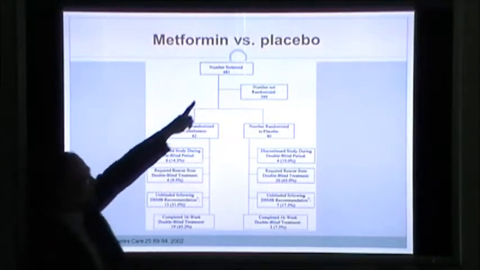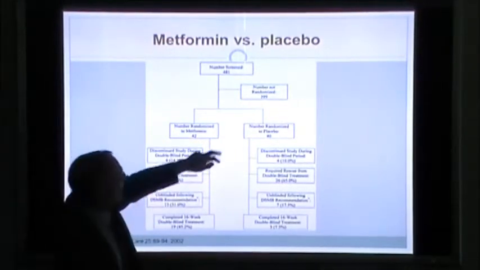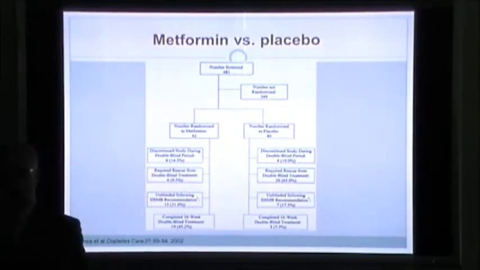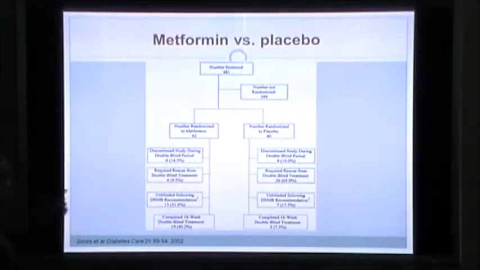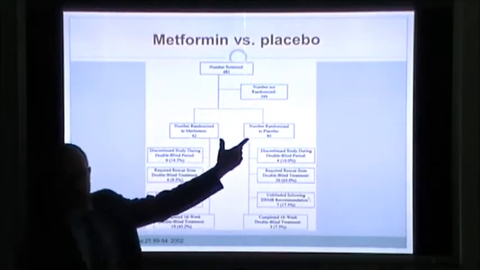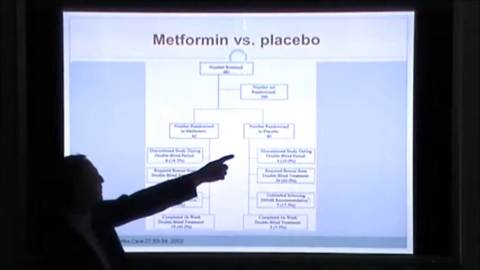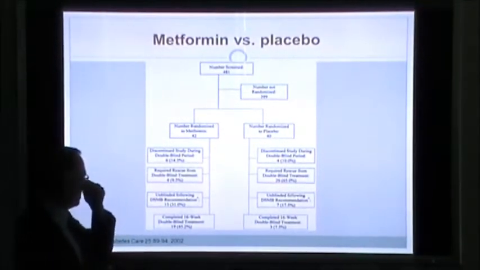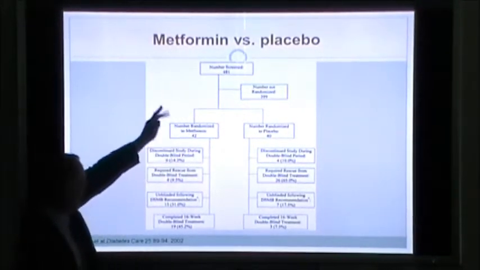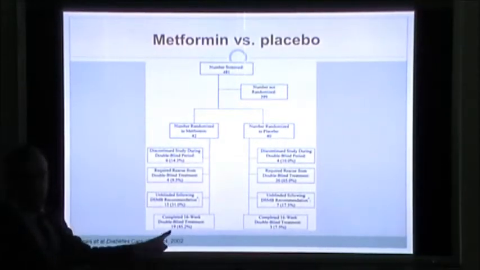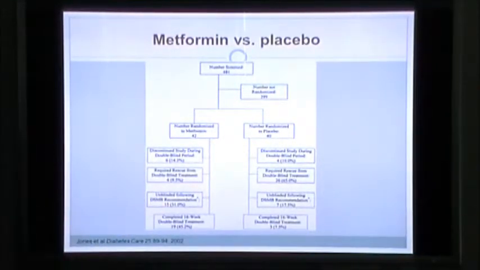They screened 481 kids in this study. 399 of them were not randomized. So they ended up randomizing 40 in each arm, so less than 20% of the original population was randomized. But look at this. In the Metformin arm, 19 patients completed out of 42, so about 45%.